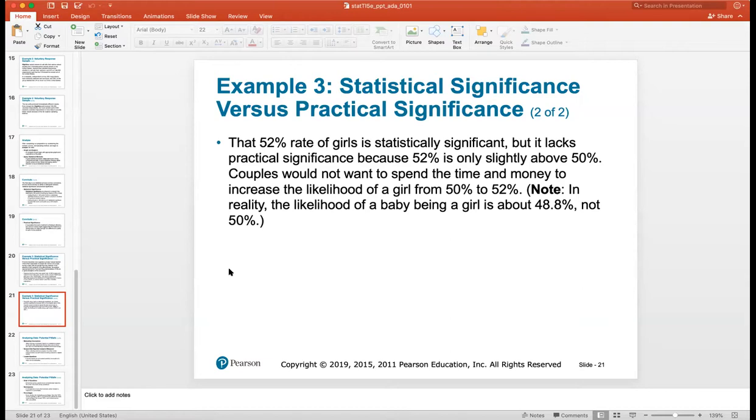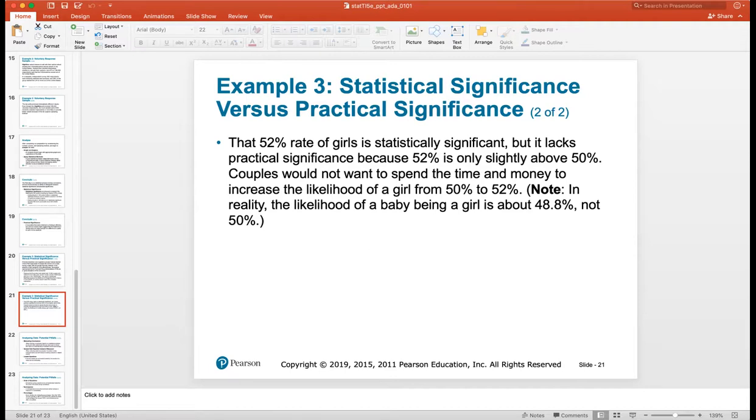But 52% is only 2% more, so they're not going to spend the money to increase the likelihood of a girl from 50 to 52%, right? So that problem can also be an example of practical significance.